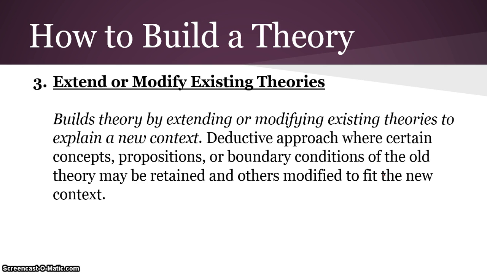I know I've gone a little off the wall here. To fit the ant community, we just take that legitimacy idea and redefine it. What does it mean to be a legitimate part of an ant colony? I don't have the answer to that. It was a silly example, but you get where I'm going. New context, change the way that we think about the concepts, propositions, or boundary conditions.